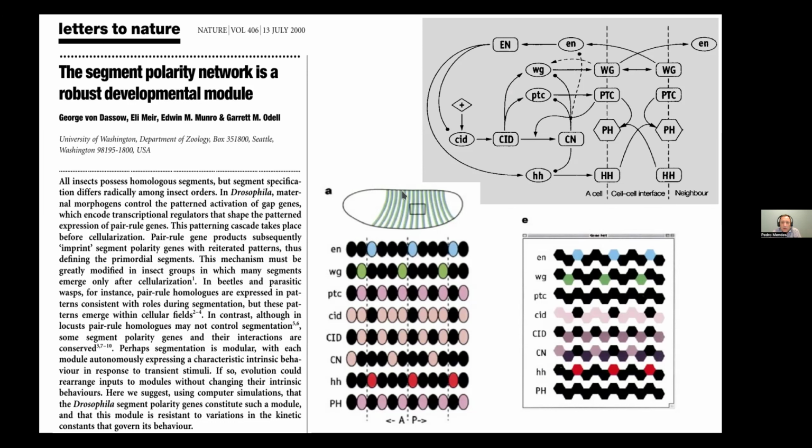All the cells across the embryo have the same gene network. However, they have different initial conditions because the mother cells that created them had different distributions of proteins in their cytoplasm. So even though the genes are the same in all these cells, their initial conditions are not. And because of that, and because of the specific network, certain patterns will form.